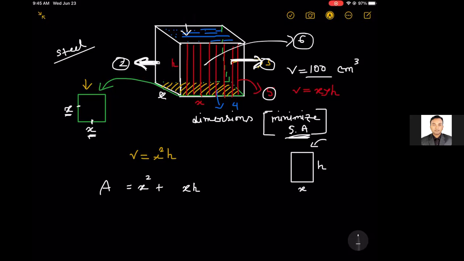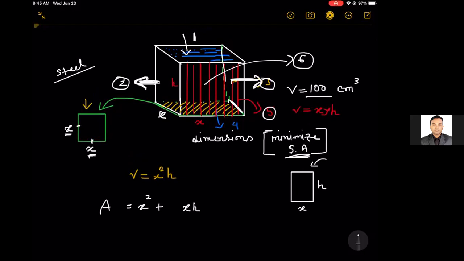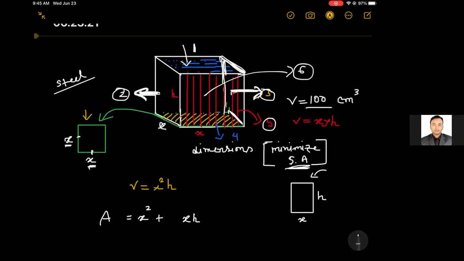So for this surface, I'm trying to highlight it now for you. This is the surface I'm talking about. And clearly, this side is x, because this is one of the sides of the base, and for the base, all the sides are x.